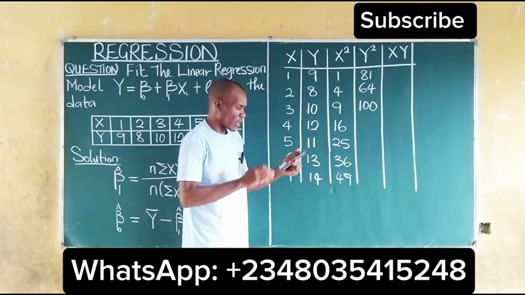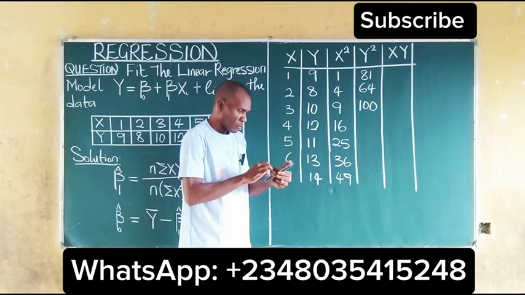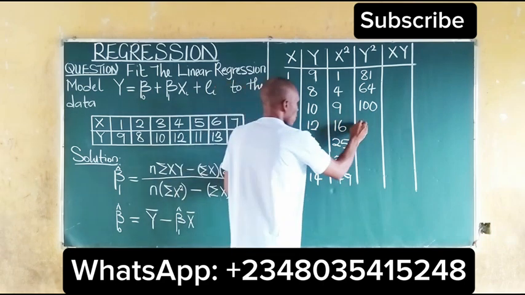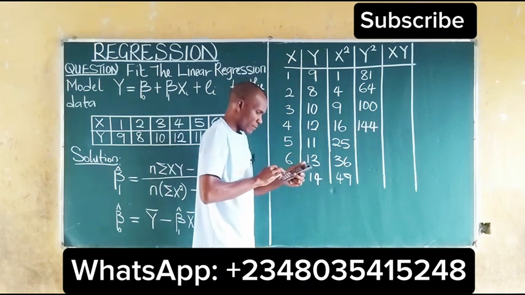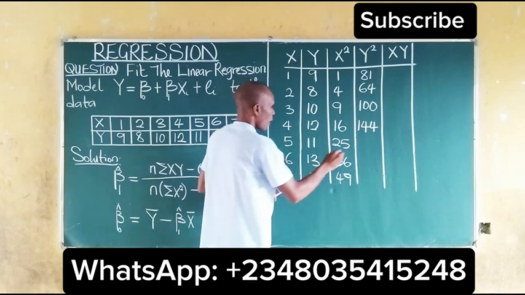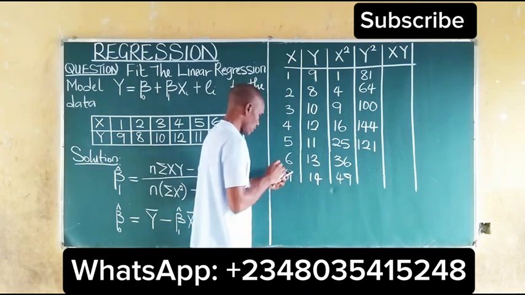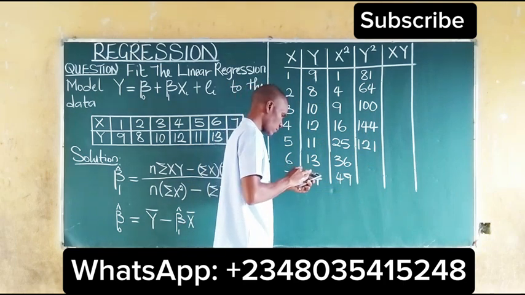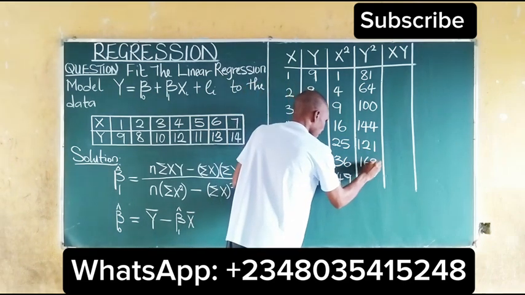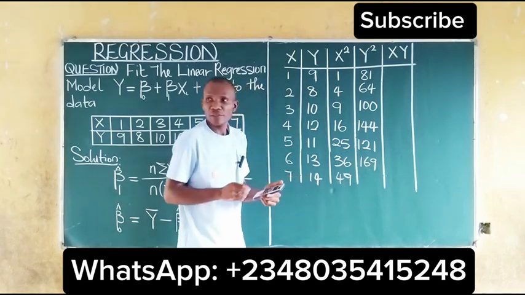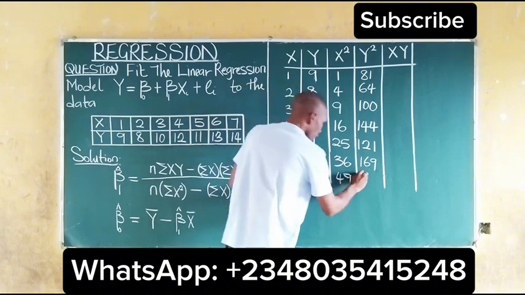We also have 12 squared, which is 144, 11 squared, which is 121, 13 squared, which is 169, and 14 squared, which is 196.